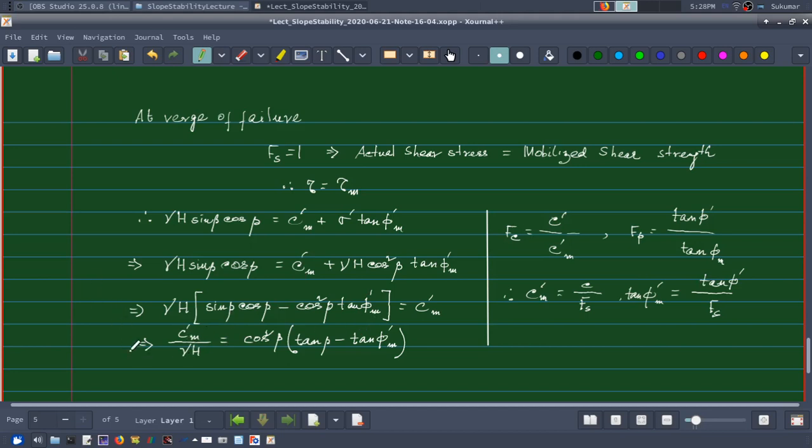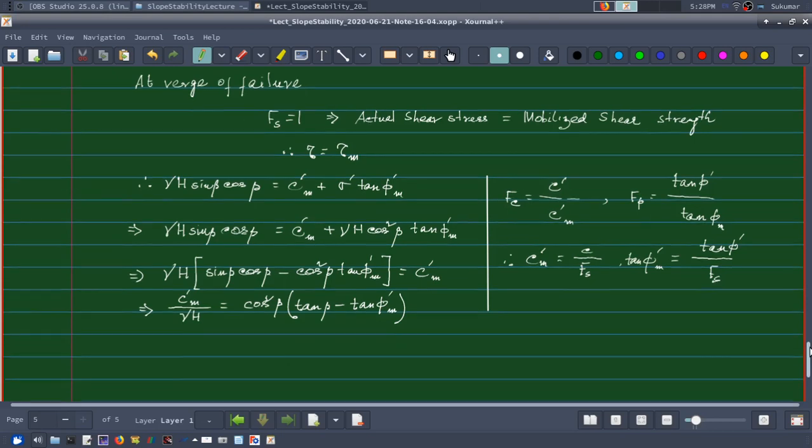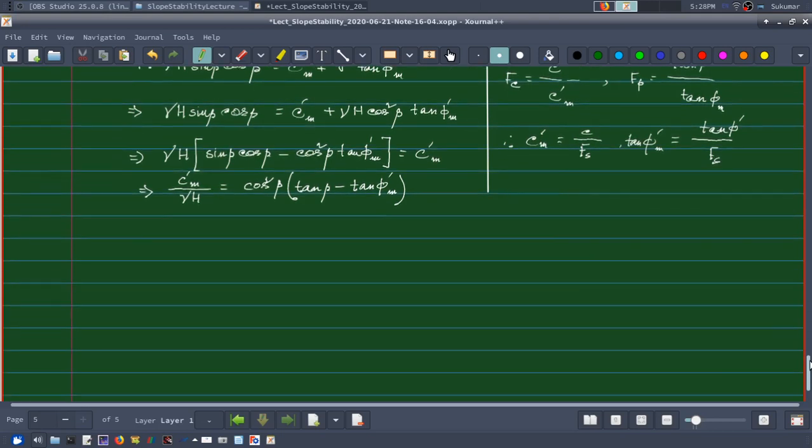Now I'll put these values in this equation. Then what I will get, I'll write c dash m as c by Fc, so I'll get c dash by Fc into gamma h, sorry, not Fc, it will be Fs, because both are equal now.